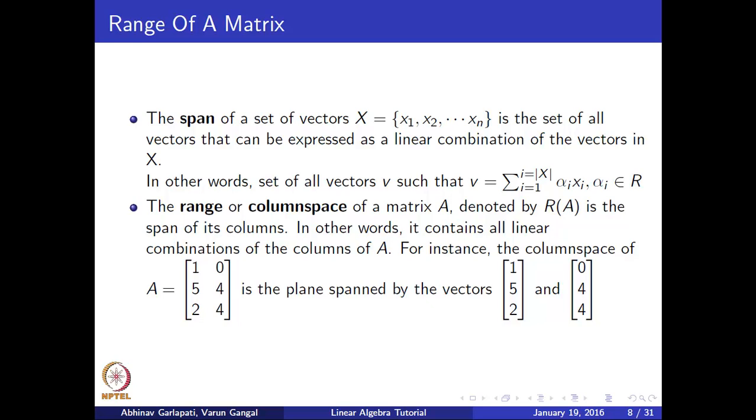So if you consider the matrix given here, the columns of this matrix A are (1, 5, 2) and (0, 4, 4). What would be the column space of this matrix? It would be the span of the vectors (1, 5, 2) and (0, 4, 4), which is essentially the plane which is spanned by these two vectors.